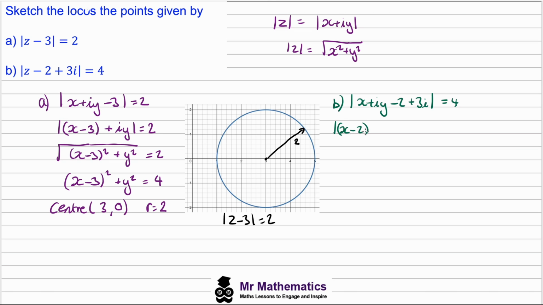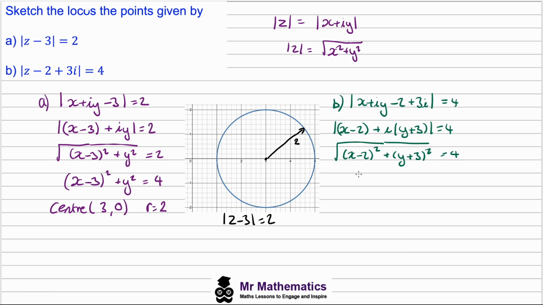I'll put this in brackets, plus i multiplied by the y plus 3. And this will equal 4. Now we can Pythagorize this to find the magnitude. So we'll take the square root. We'll have the real part x minus 2 squared plus the imaginary part y plus 3 squared. And this will equal 4.